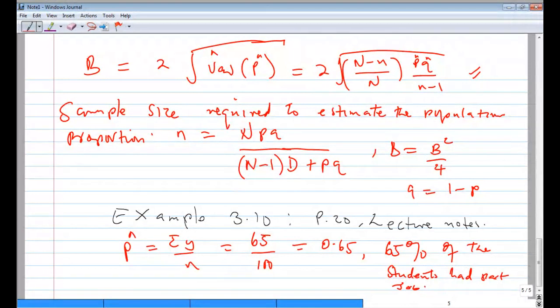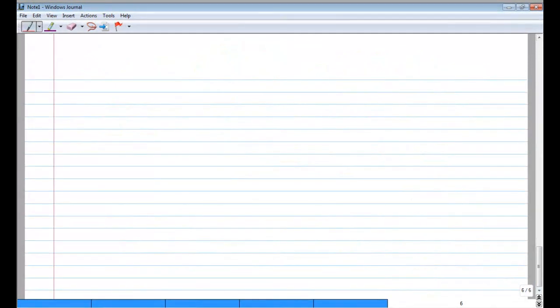Because it says and place a bound there, so you have to find the bound as well. It says estimate the population proportion of students who had a part-time job during their college careers with a bound on the error of the estimation. Immediately when they say with a bound, you have to calculate the bound as well.